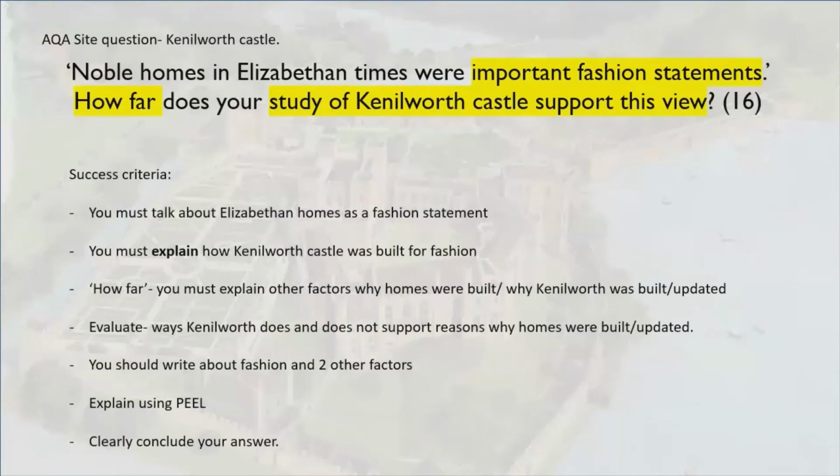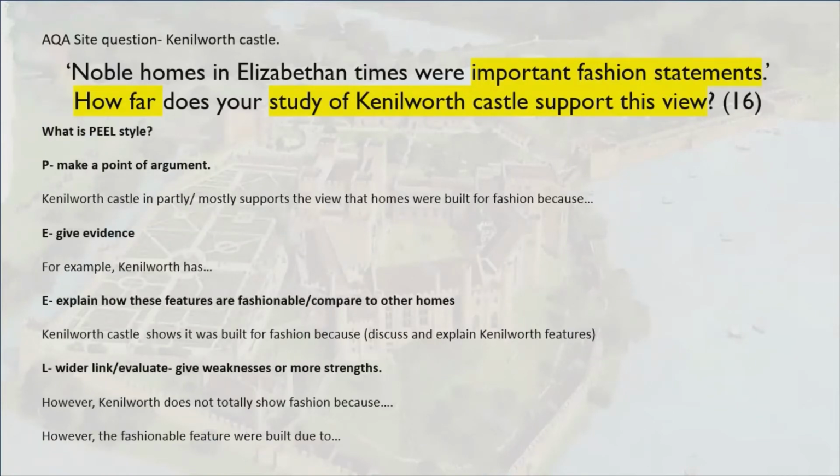Therefore, you need to evaluate how much Kenilworth Castle supports reasons why homes were built and updated, how much it supports fashion, okay? And then you need to talk about 2 other factors or reasons why. So it could be wealth, political status, or famously the Kenilworth Castle view of trying to marry Elizabeth. Explain in your paragraphs, and you need to clearly conclude your answer.